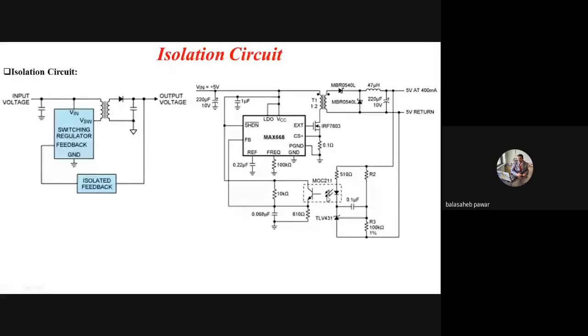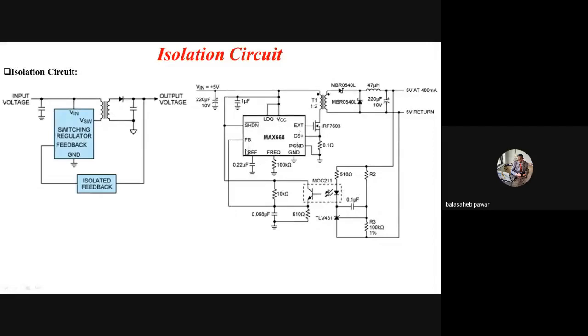That means if we consider this LED side as the input of that optocoupler, the transistor side, that phototransistor, will be the secondary, right? Primary side and secondary side, or input and output. There is no physical contact between input and output. So it is totally isolated. Whatever the output of that SMPS you are applying to that LED, it is totally isolated from this digital switching circuitry.